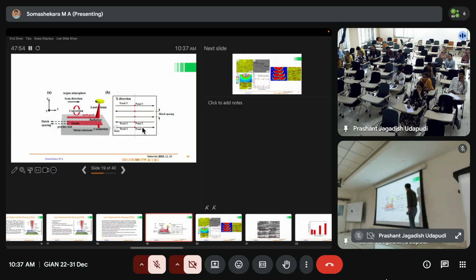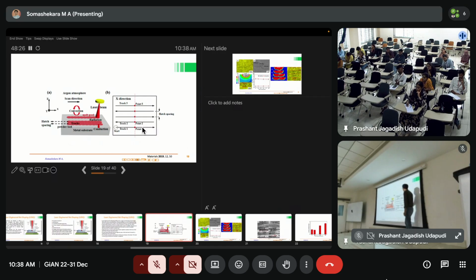If you immediately take this region, you can take advantage of the heat already available, which means less thermal gradient. In any metal 3D printing, if you have less thermal gradient, your deposition will be better. So how to take advantage of the heat is equally important.